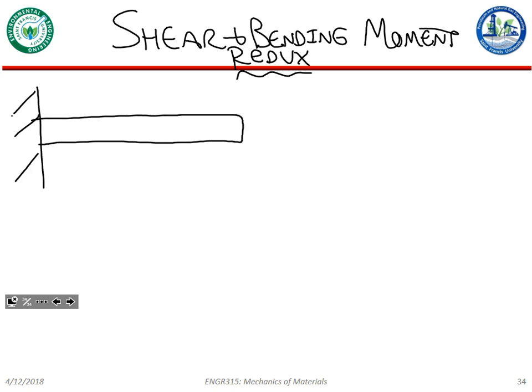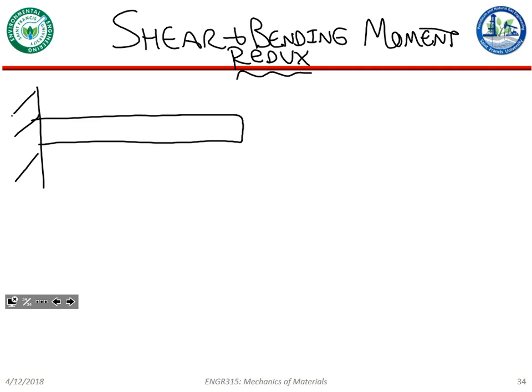So say I have my favorite cantilever beam, right? I've always liked titanium. Here, where is it? There it is. 0.161.